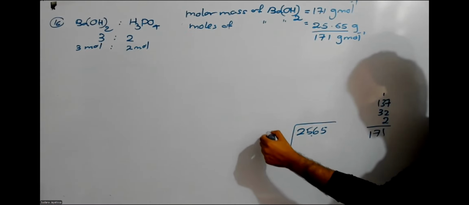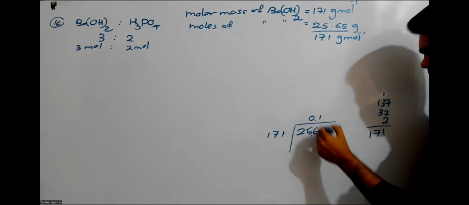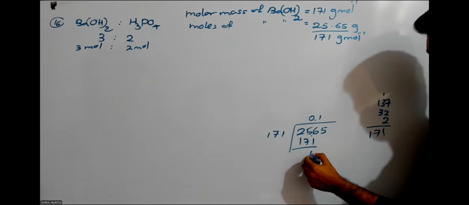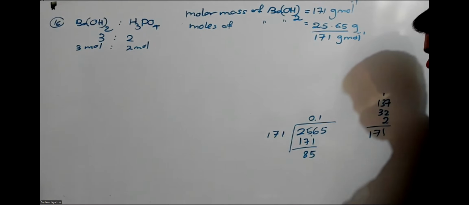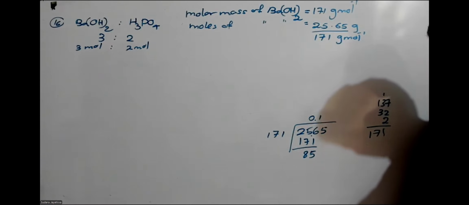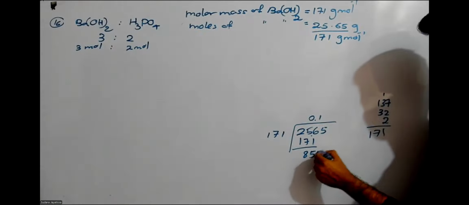Anyway, let's try. We can't use calculators. So there will be 1.1 and 171. So it is 50 minus 7, 85. Yes, then you have this other 5 too.